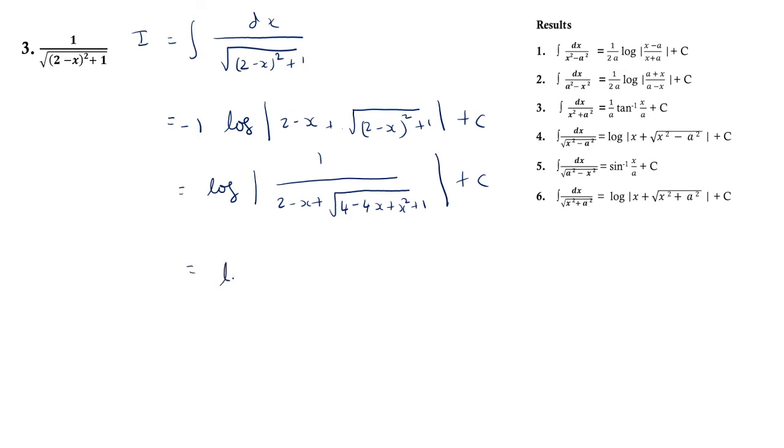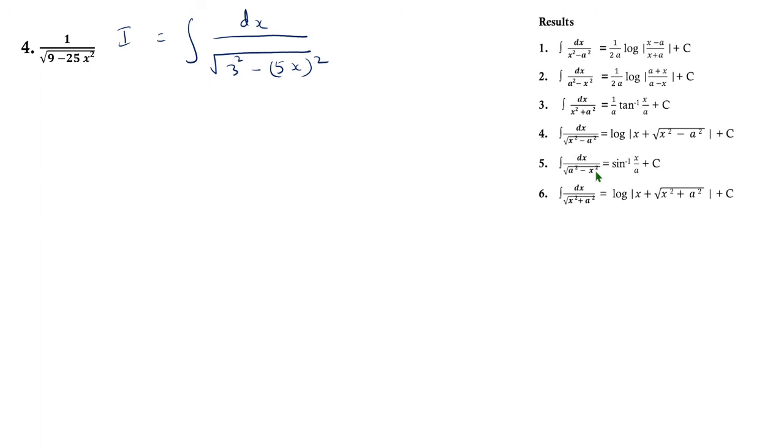So this is equal to log mod 1 divided by 2 minus x plus square root of x square minus 4x plus 5, plus c. The next question is 1 by square root of 9 minus 25x square.